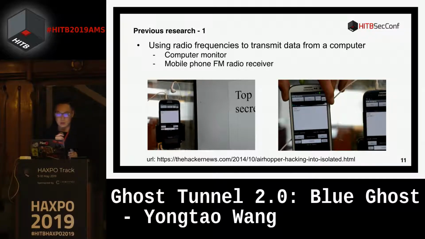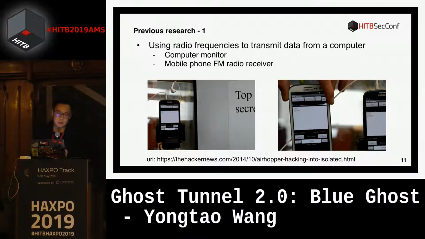For previous research one, in 2014, researchers at the cybersecurity lab at Ben-Gurion University in Israel found a way to snoop on personal computers even with no network connection. The technology works by using the FM radio receiver included in some mobile phones.